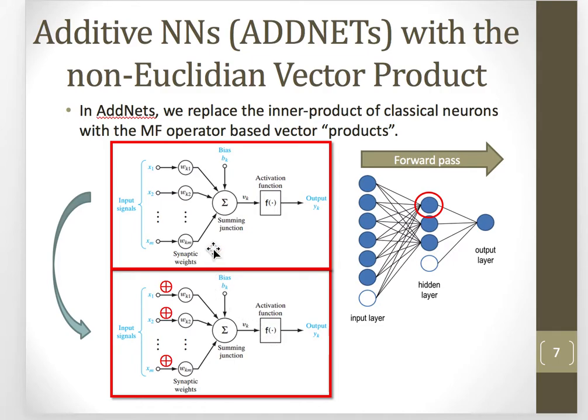So this is an additive neural network. This is an additive neural network because we don't perform any multiplications here. And the ⊕ carries the correlation information. So we can use it in any type of neural network, including the convolutional neural networks. So we just replace the regular neuron with our additive neuron.